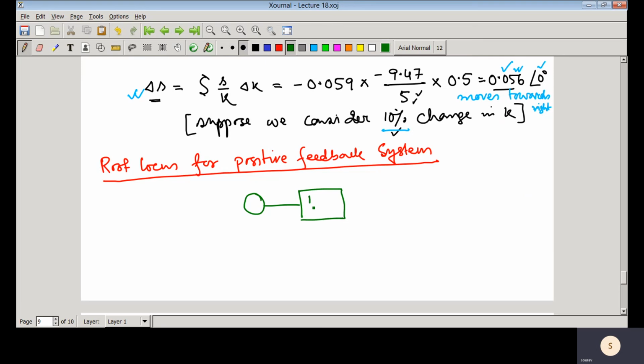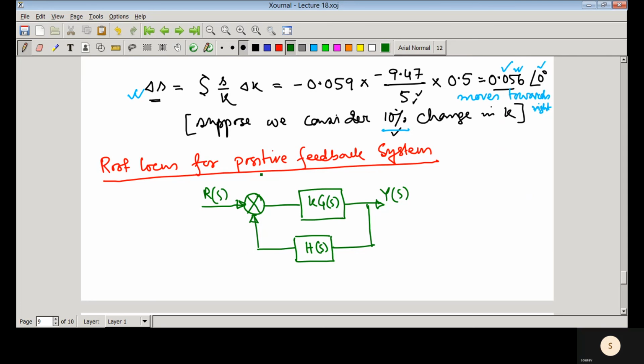Let us first consider the closed loop control system, that is K of G of S, and here you have H of S, and this is Y of S. Here this is the command input, and here you can see this is the positive feedback, and here you have the parameter K. K is varying, with positive feedback.